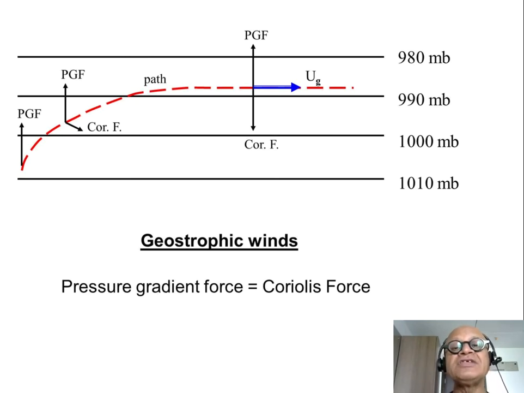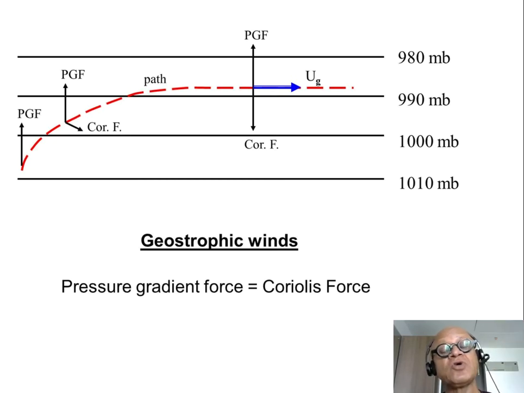When these two forces balance each other, you have a flow that's moving along constant pressure lines. Pressure gradient force is exactly balancing the Coriolis. What is important here then? We talked about the friction between winds and water and between layers of water and so on. There is no friction here. It's only the pressure gradient force and the Coriolis.